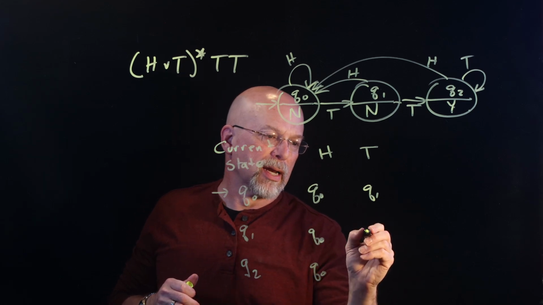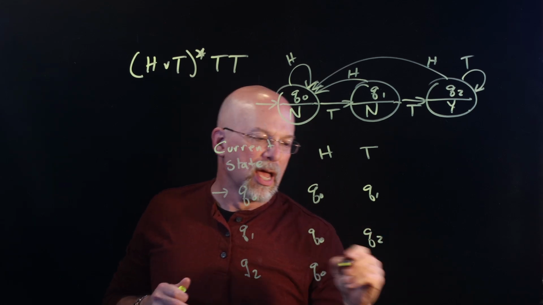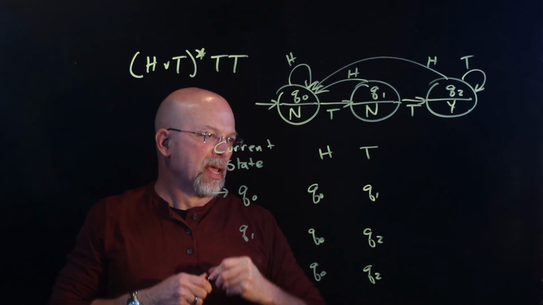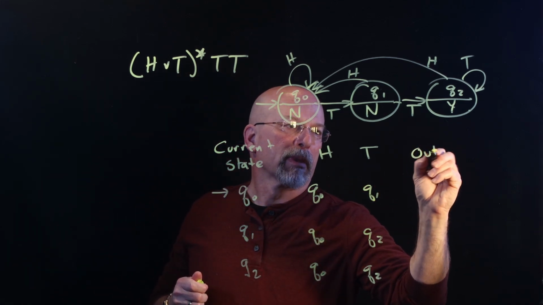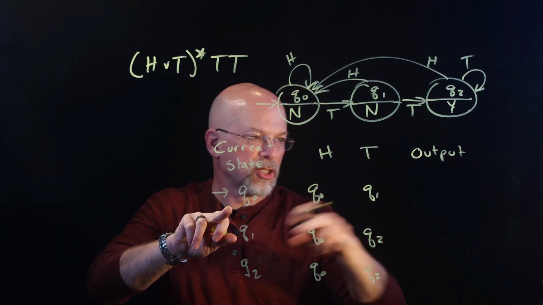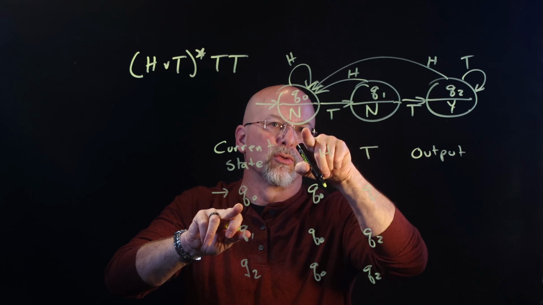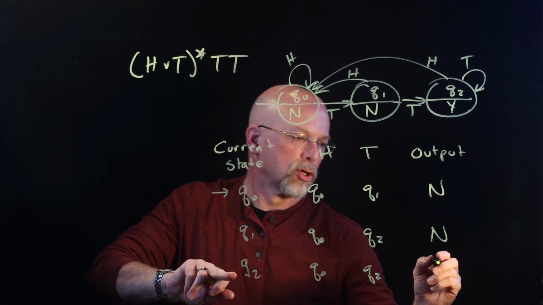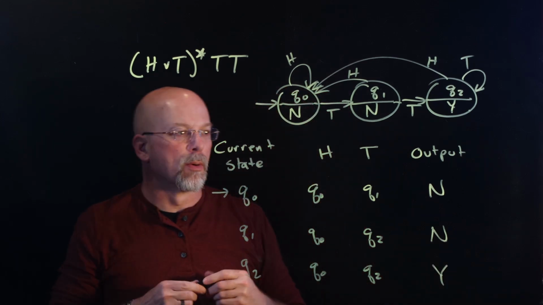If I'm in Q1 and I get a tails, I go to Q2. And once I get to Q2, tails are going to keep me in Q2. Now, let's look at the output. For our Moore machine, remember, we're going to map our current state to our output. So Q0, no. Q1, no. Q2, yes. That's our Moore machine.